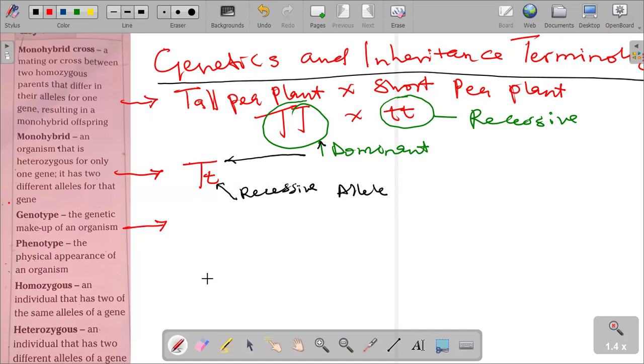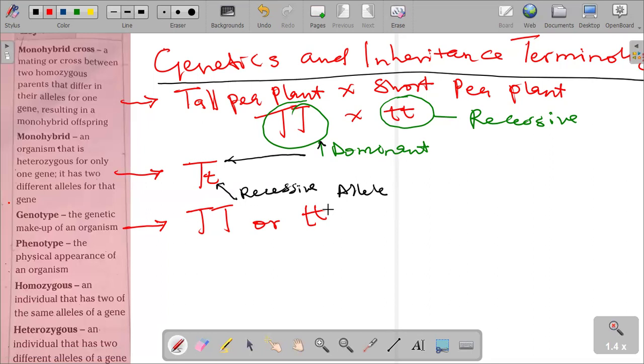For example, the genotype can be given for a tall plant as homozygous T dominant, or we can as well say it is homozygous T recessive. It is still representing the genotype.